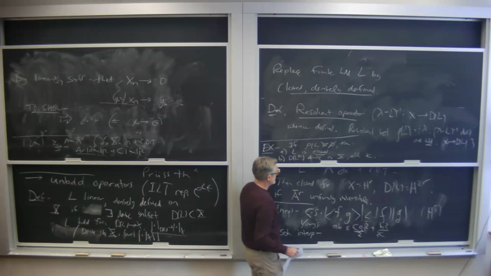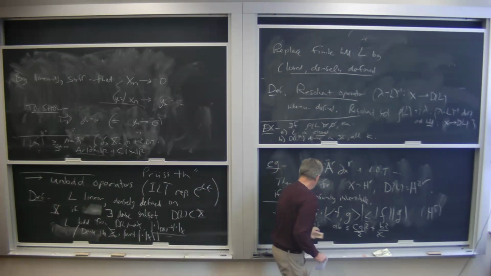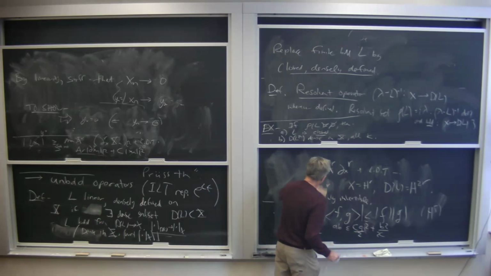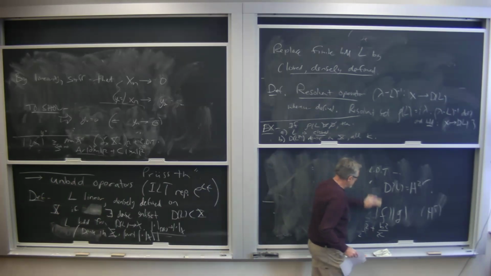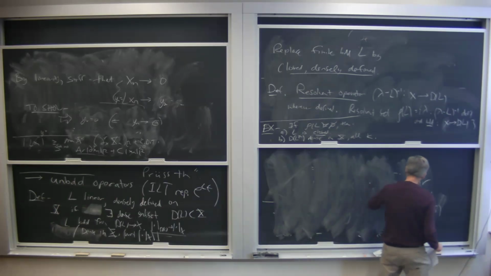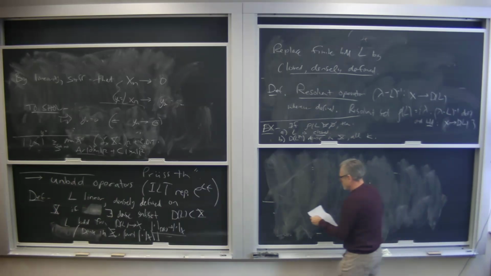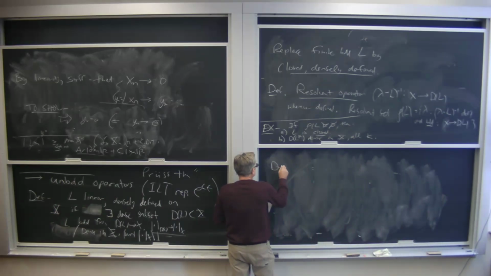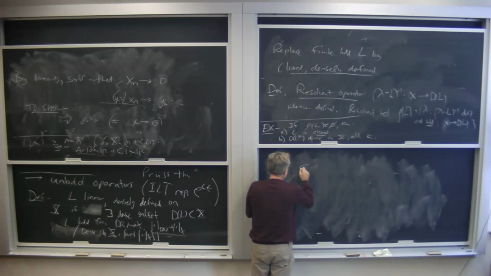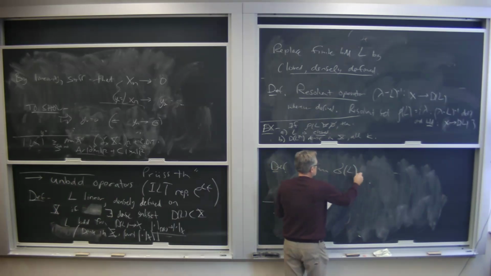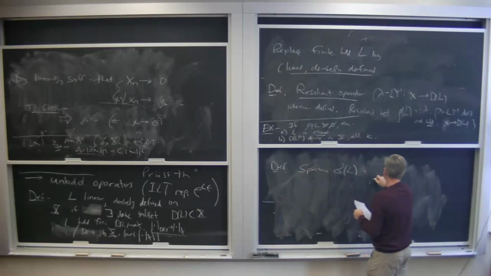Okay, so now we have a resolvent. And kind of following the approach that we did for ODE at the end of the last lectures, we're going to define the spectrum. The spectrum sigma of L is the complement of the resolvent set.